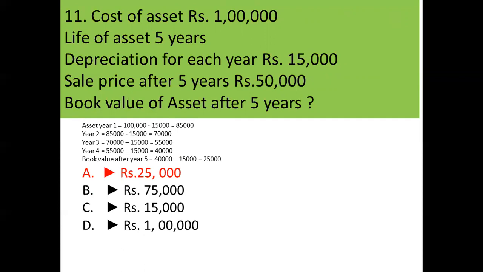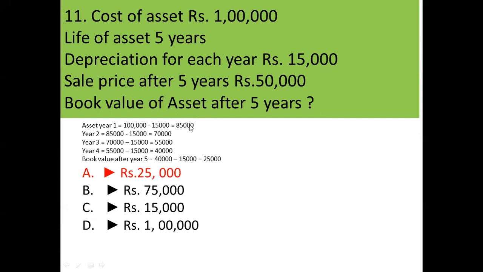This is the calculation of depreciation using the reducing balance or book value method, and this is the working I have shown here. For the first year, take 100,000, which is the cost of that asset, minus 15,000, which is the depreciation for each year, and we get 85,000.